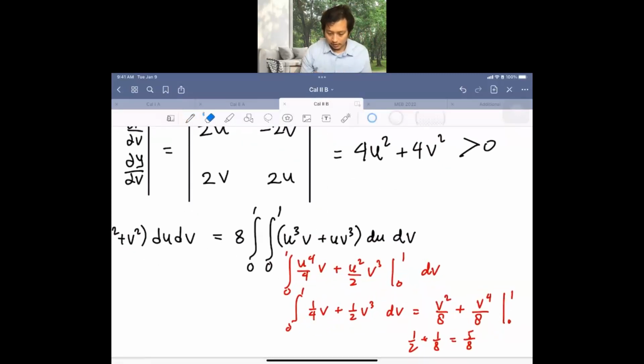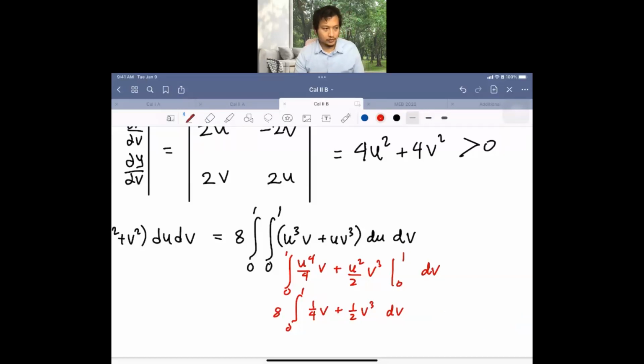Well, let me just check. This is still having 8, right? So we could have, this is 2v plus 4v cubed. So this will be v squared plus v to the fourth. Oh, yeah.